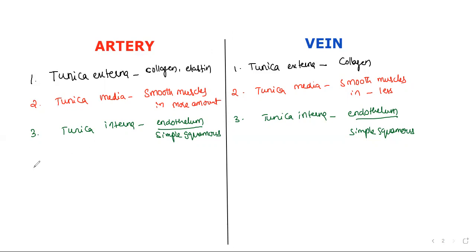Okay. Next, arteries begin at the heart, particularly the left ventricle. Very good. Next, veins begin at body parts.